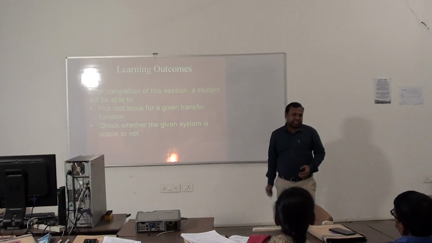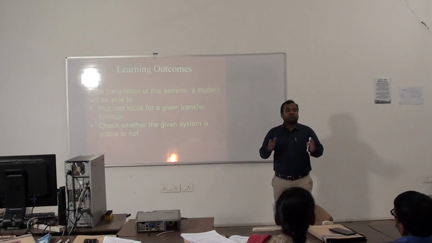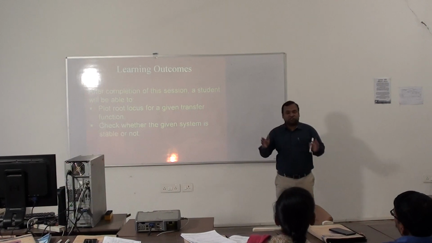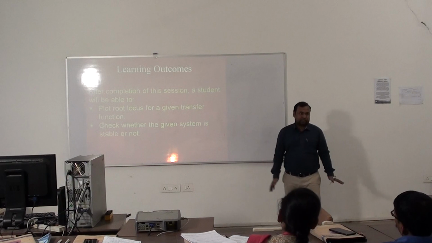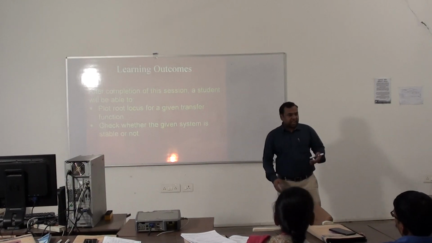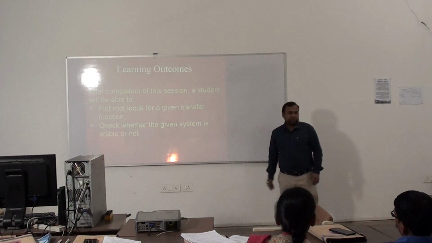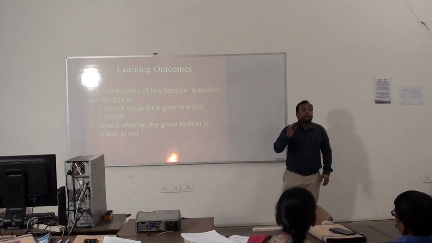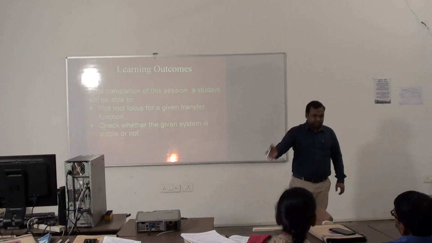In the Routh criteria, we saw how, according to the position of the poles, the system is stable or unstable. Now, moving next, we are going towards the system gain, the impact of the system gain on the stability of a system.